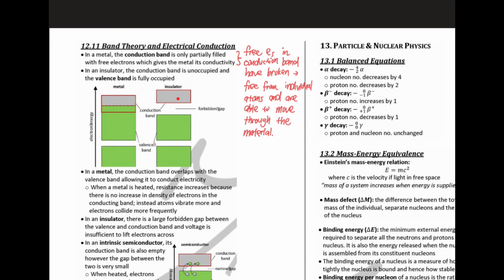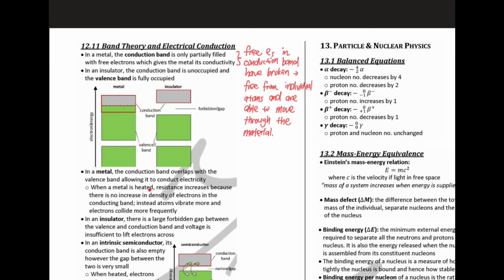So that's why it cannot conduct electricity. The electrons who can come to the conduction band are basically free electrons. So no electron there, so cannot. Now in a metal, the conduction band overlaps with the valence band. So this is the overlapping region, allowing it to conduct electricity.